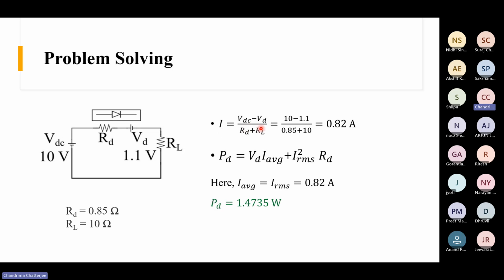I equals VDC minus VD by RD plus RL. Can we write this? Just tell me, can you understand why I have written that the current through this circuit is VDC minus VD by RD plus RL?